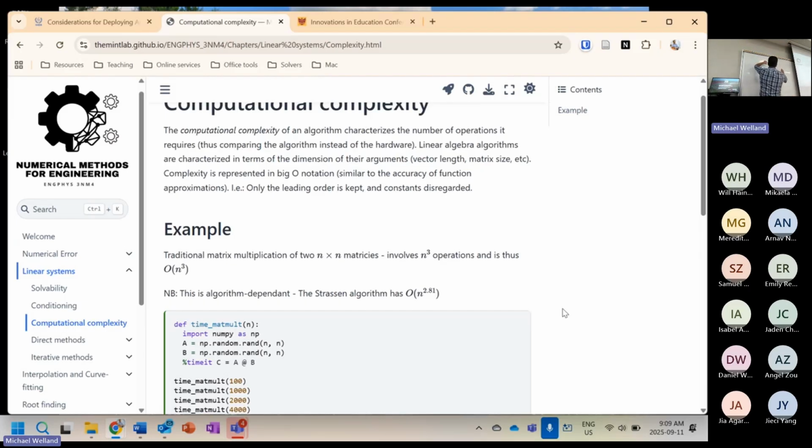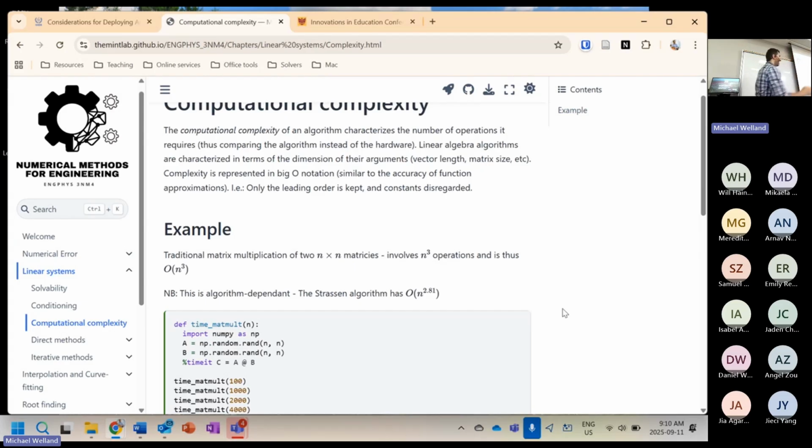One operation, two operations, three operations. For n by n, every time I do one of those, I'm going to get n operations, right? How many times do I have to do that?